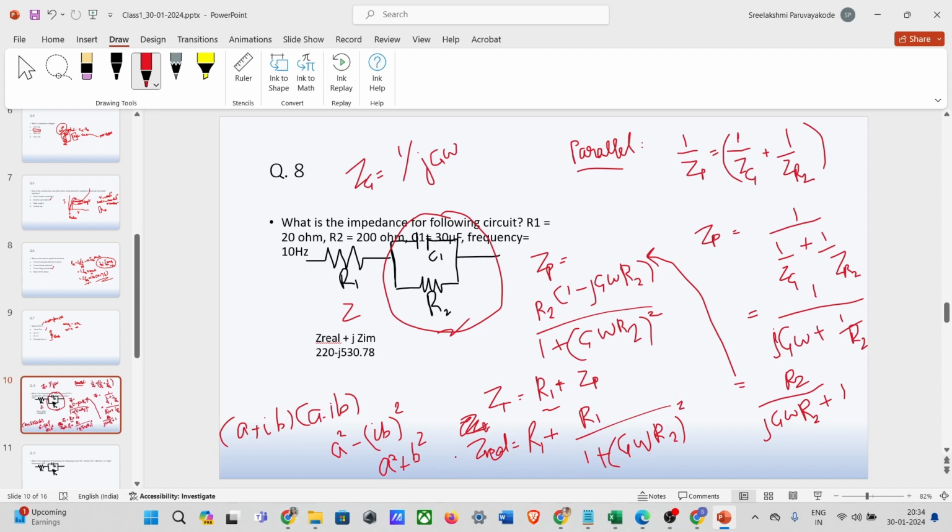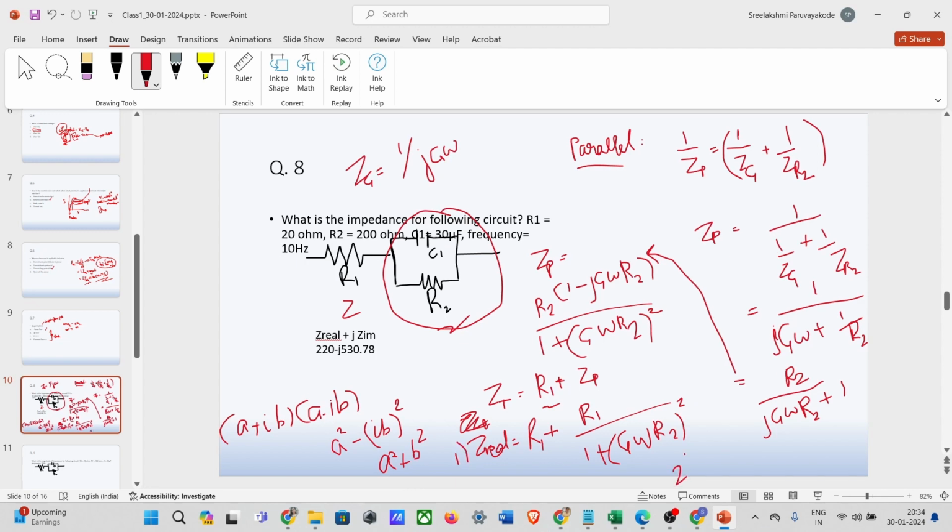Okay, so this one is the first one, the real part, and then the imaginary part.